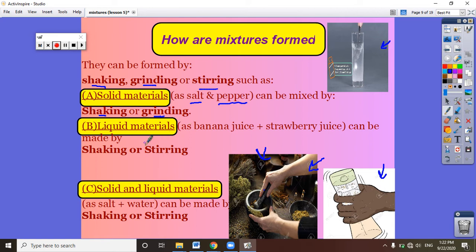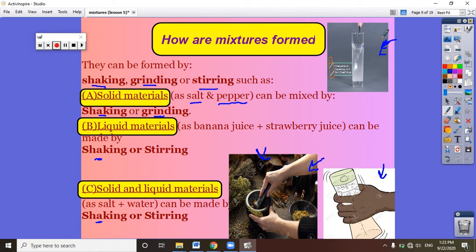To make liquid mixtures, like I want to make a mixture of banana juice and strawberry juice, it can be made by what? Yeah, shaking and stirring, like here. And to make solid-liquid mixtures, like salt and water or sugar and water, which way will I use?